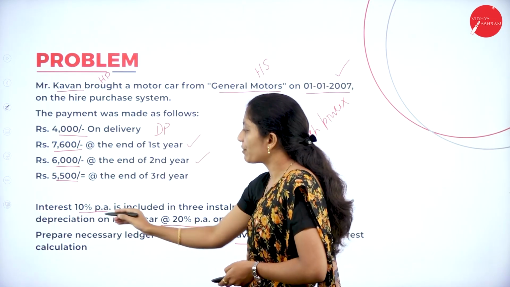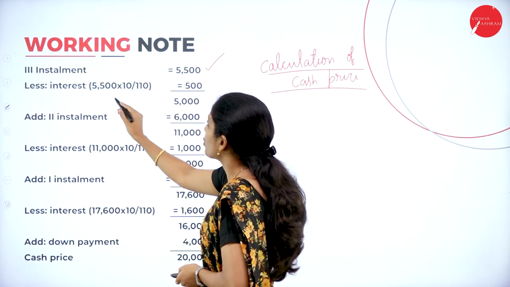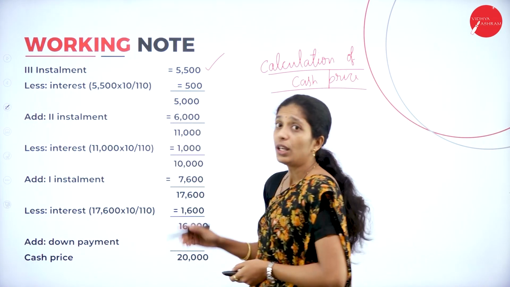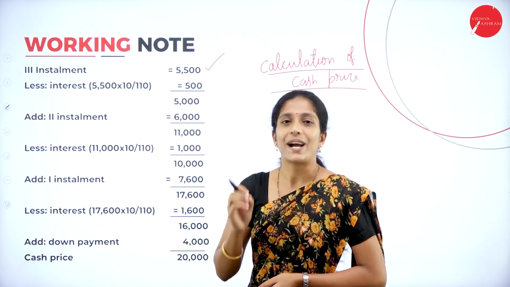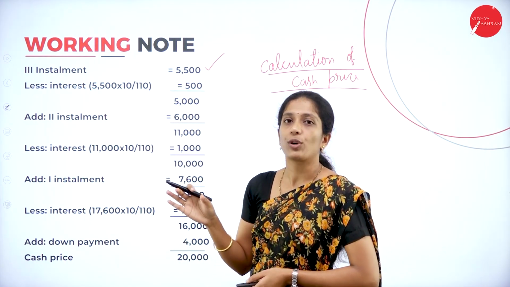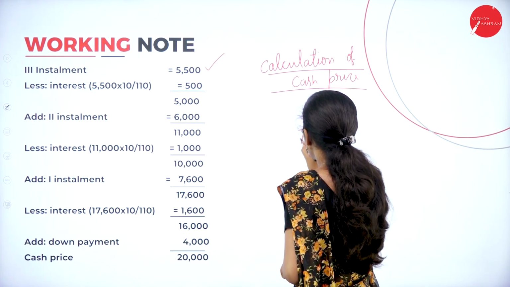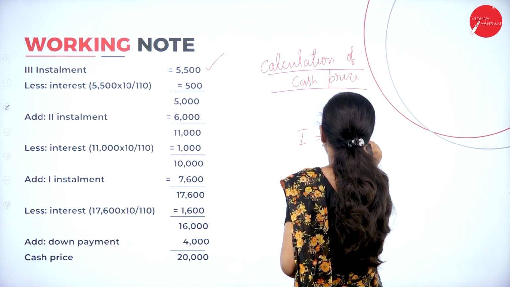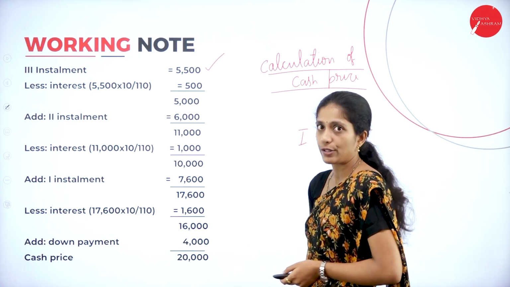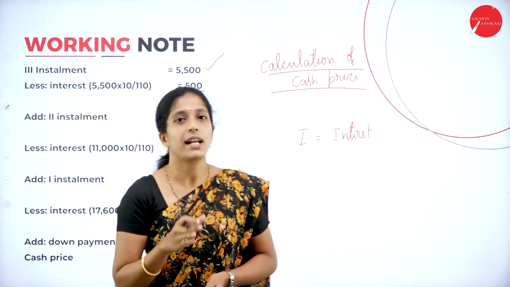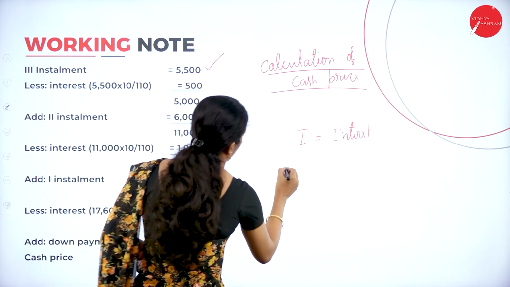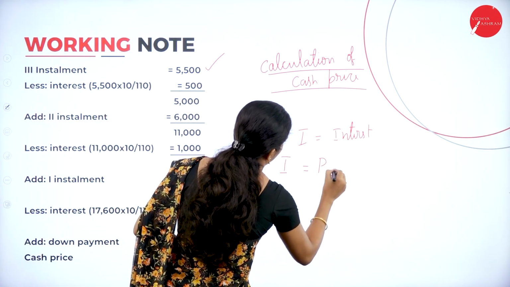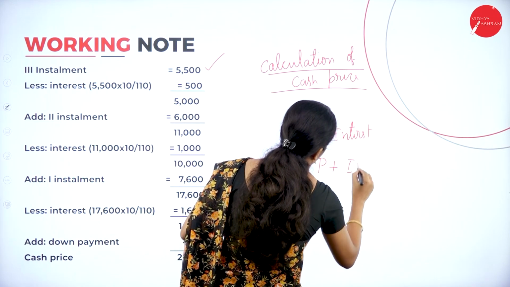What is the percentage of interest? 10%. Now you are not dividing it by 100, because this installment includes interest also. Installment is equal to principal plus interest.